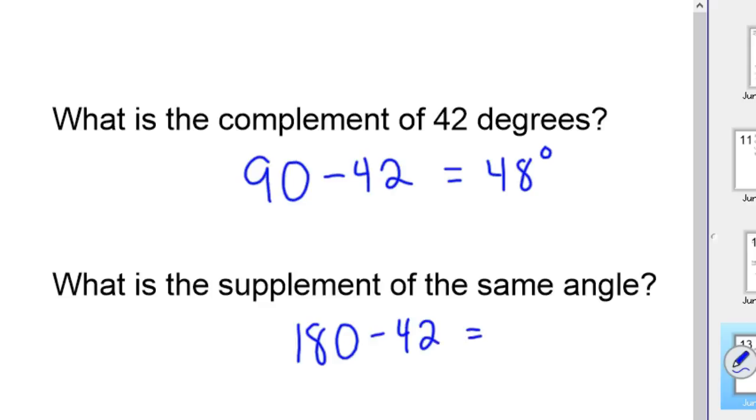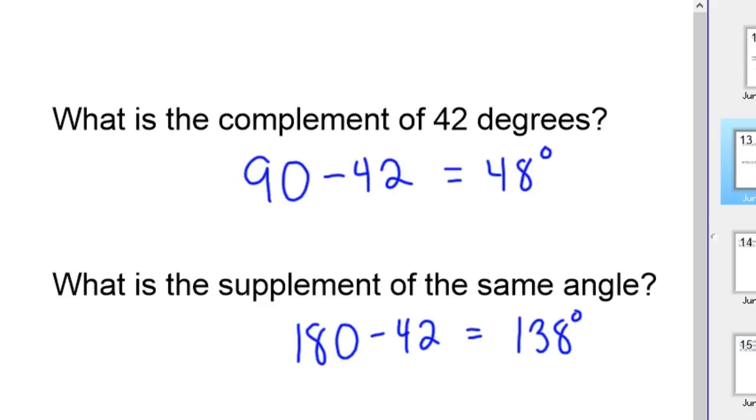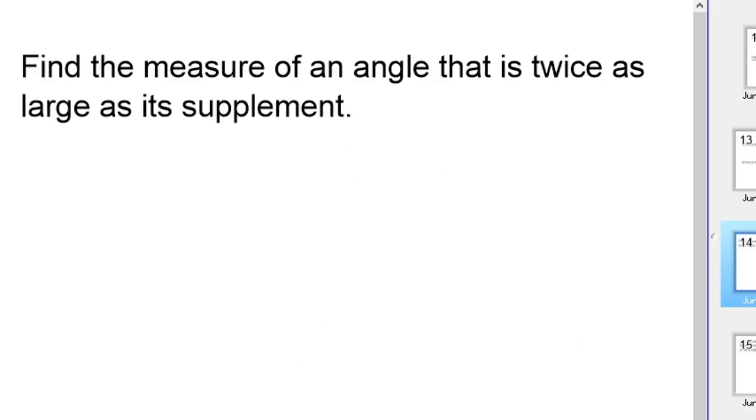So 180 minus 42 is 138 degrees. So the complement of 42 degrees is 48 degrees, and the supplement of 42 degrees is 138 degrees. So it's very easy to mix these up. So in the future, the more practice you get with these two words, the easier it'll come.